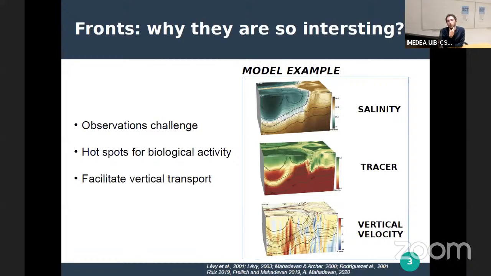I'm speaking about tracer, but to be more specific, in the real world, it means carbon dioxide or even nutrients for fisheries. The fronts move this from the surface to the interior thanks to the strong vertical velocity. As you can see in the last plot at the bottom, the positive strong vertical velocities are the red ones and the negative are the blue ones, with up to 40 meters per day. Even if it looks not strong for a vertical motion, those velocities are quite strong.